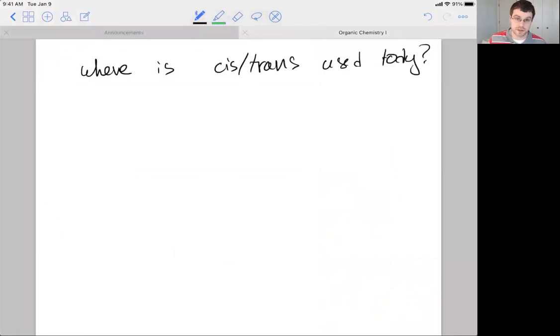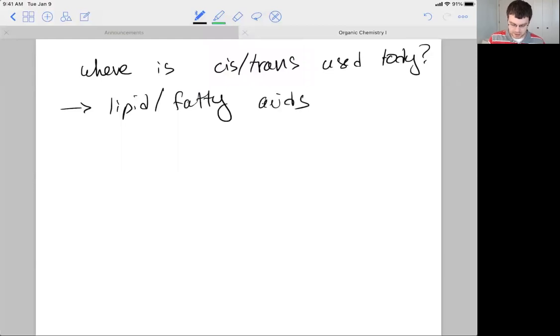And the answer is in various places in lipid biochemistry or fatty acid biochemistry. That is to say, we looked at how fatty acids could be detergents. They have this carboxylic acid head group.